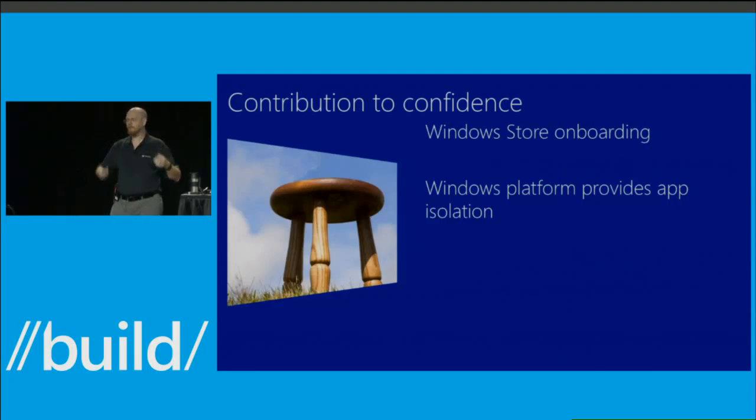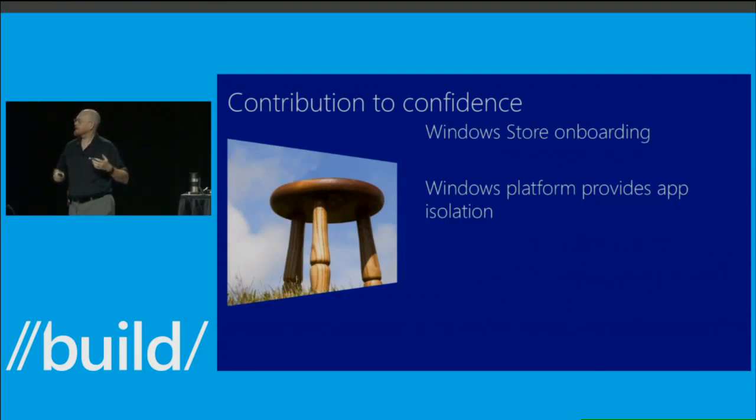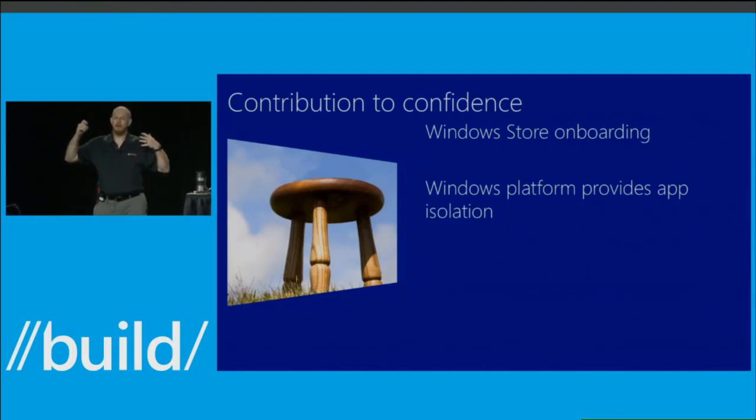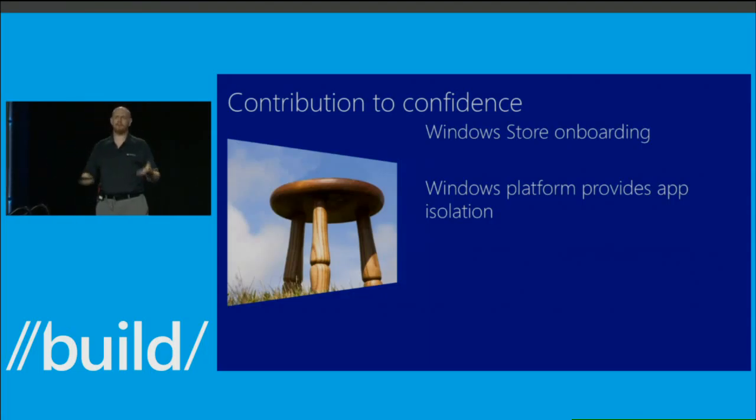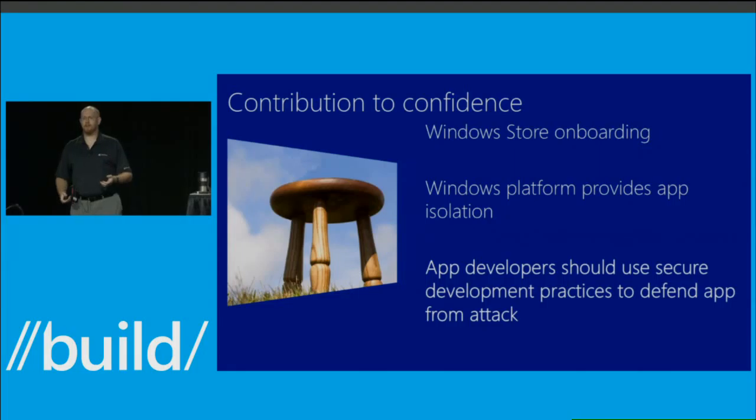Then there's the store platform, the Windows platform that provides app isolation, so that this app can't mess with that app or with the other app, so that the apps don't meddle with each other. And the third leg is app developers using secure development practices. So broadly speaking, you could say that Windows has your back. Your job is to defend your front.